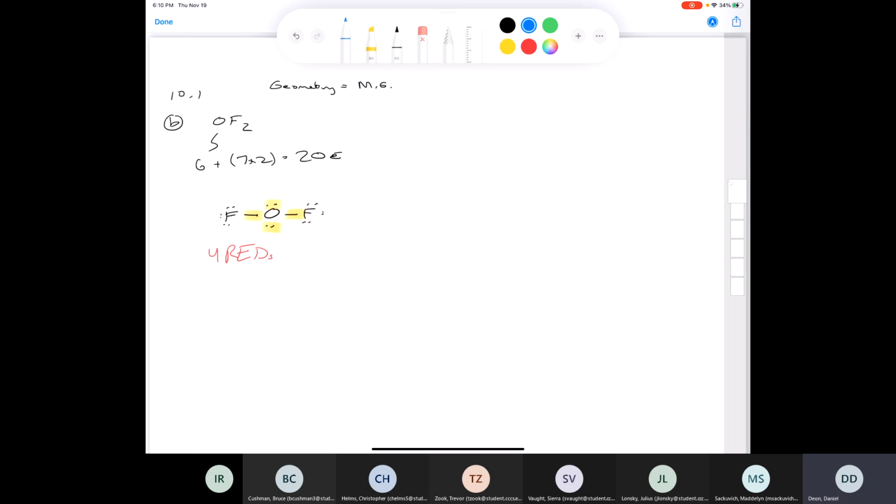We can draw the molecular geometry in several different ways. I'm just going to draw it with the 2 fluorines in the plane of the screen like that. I'll put 1 lone pair going in the back like this, and I'll put another lone pair going out like this. So remember, molecular geometry only considers bonds, and thus my molecular geometry is bent.